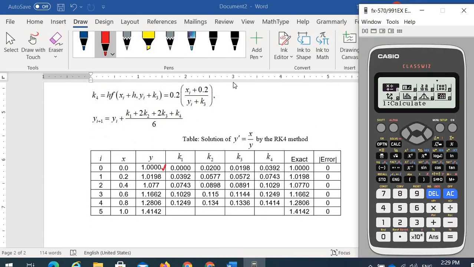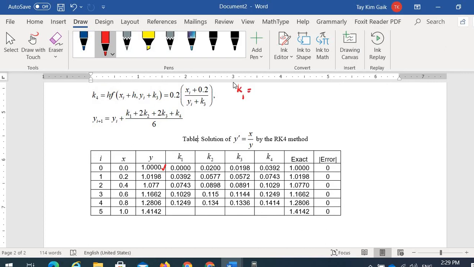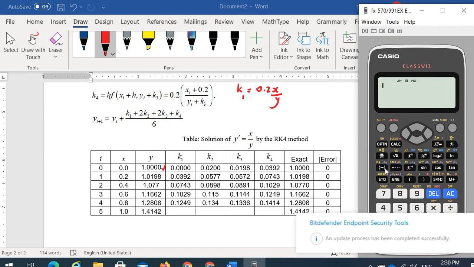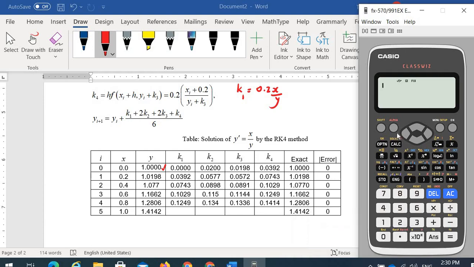The k1 formula is 0.2 times x over y. Because in the calculator we cannot have the subscripts xi, yi, using the Calculate menu we are going to input 0.2 x over y into the calculator. So you have 0.2, alpha x, divided by alpha y.